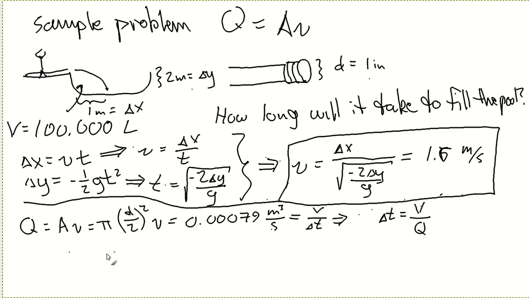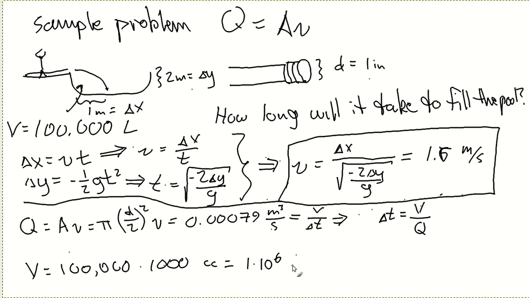So 100,000, let's do the unit conversion down here. Volume is 100,000 liters. A liter is 1,000 cubic centimeters. And cubic centimeters, let's see, 100,000 times 1,000 is a million, so I'll just call that 1 times 10 to the 6. A cubic centimeter, we need to convert to meters.